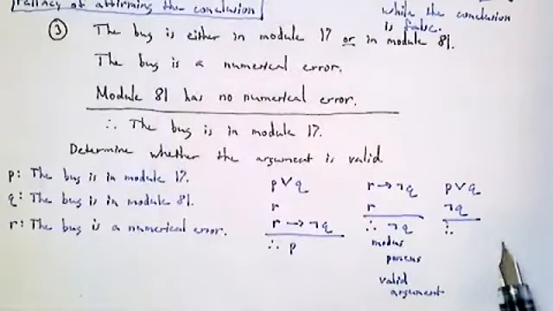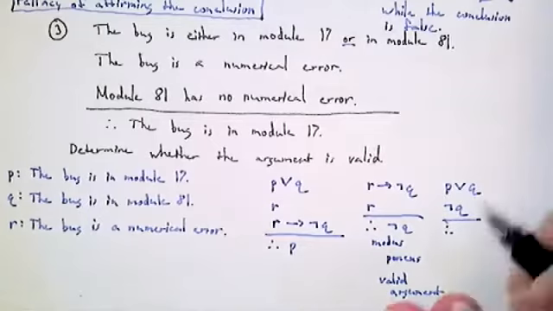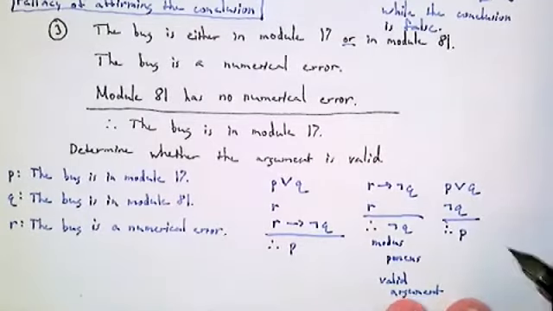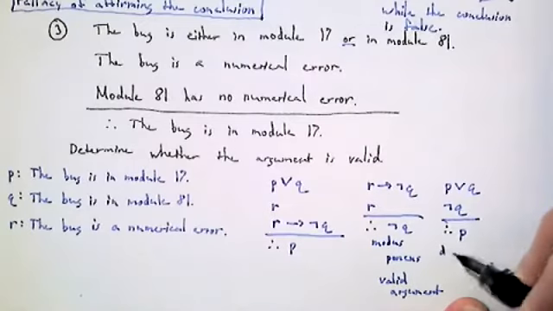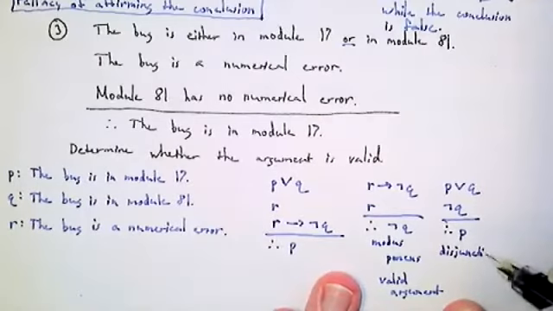That works here. We have P or Q, but we know this one is false. So we can conclude that P must be true. That's the disjunctive syllogism.